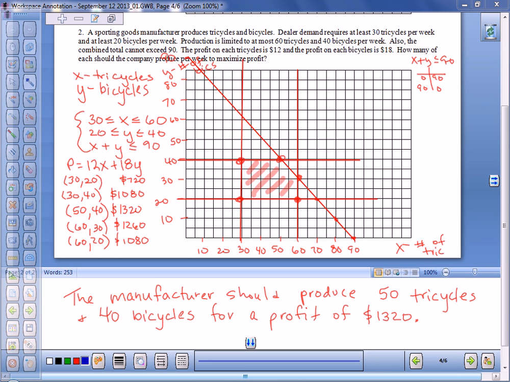Oh, it's complicated. Holy cow. I got it exactly right with you. I got it right, but it's not what my graph looks like. Did you make X tricycles and Y bicycles, or did you do the reverse? And is your scale by 10? Yeah, my scale's by 10.